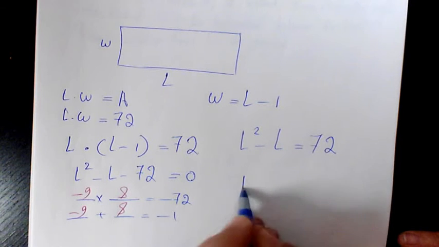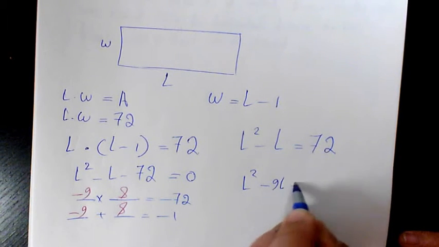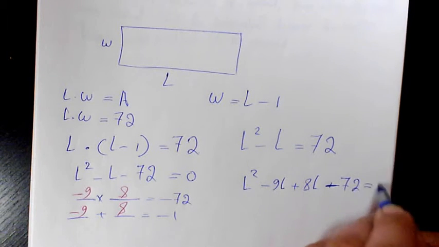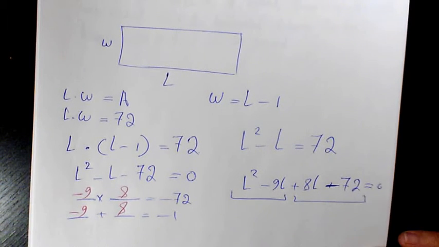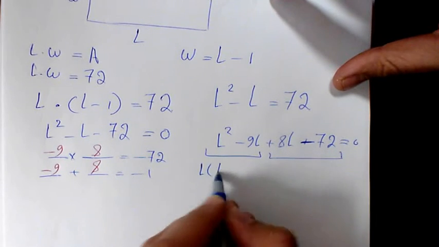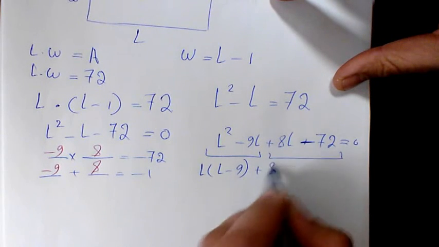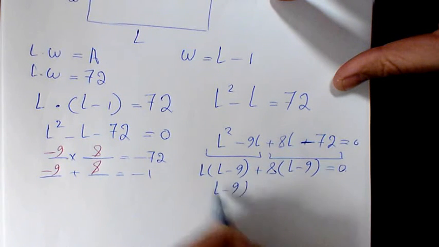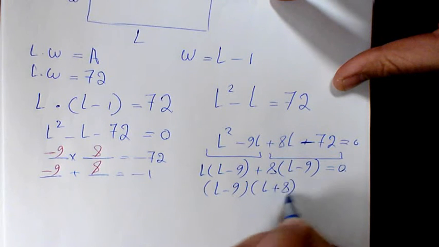So we're going to write it as L squared minus 9L plus 8L minus 72 equals 0. Then you factor it. It's going to be L times (L minus 9) plus 8 times (L minus 9) equals 0. So it's going to be (L minus 9) times (L plus 8) equals 0.